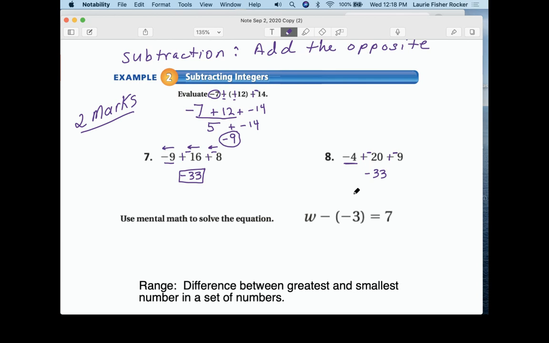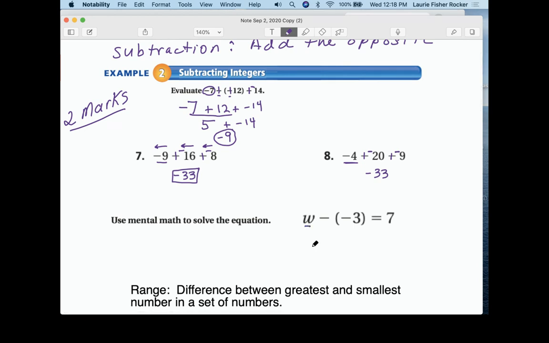Okay, so for example, use mental math to solve the equation. So you're going to end up with a question that looks like that. Well, if I look at this problem, I say, can I do some 2 marks here? Yeah. So it's W stays the same minus -3. If I make my 2 marks plus, add the opposite.